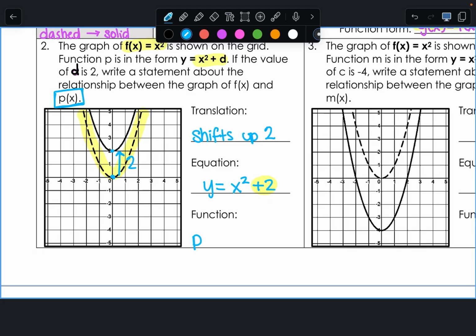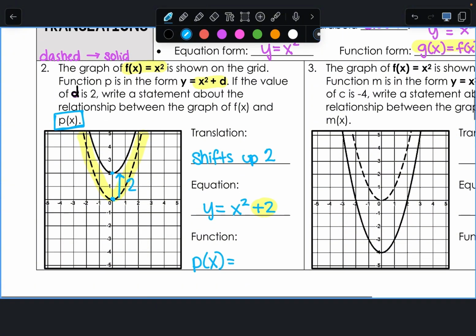So the y equals is replaced with p of x. X squared is going to be replaced with f of x. Good. Plus 2. And then bring down the plus 2. And that's how you would write it in function form. Always write it in equation form first and then go to function form.